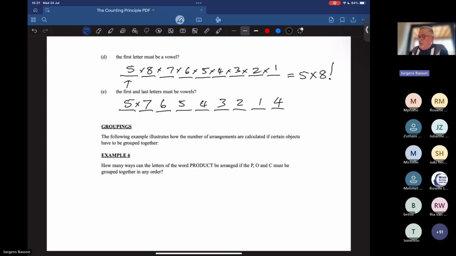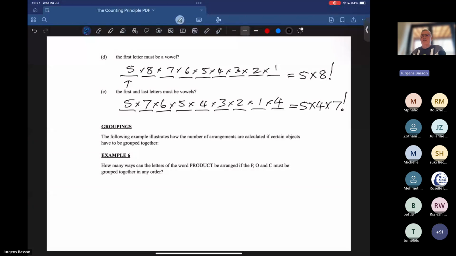So when I multiply this, we will get 5 times 4 times 7 factorial. I will suggest that you tell your learners to put it exactly like that on the calculator and just write down the final answer. 5 times 4 times 7 factorial. So I hope that is okay so far.